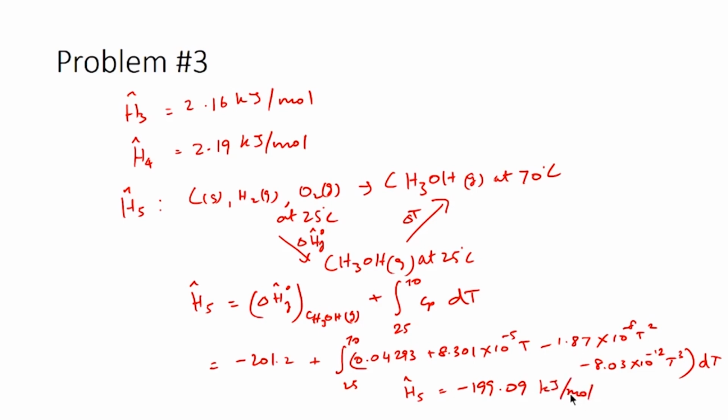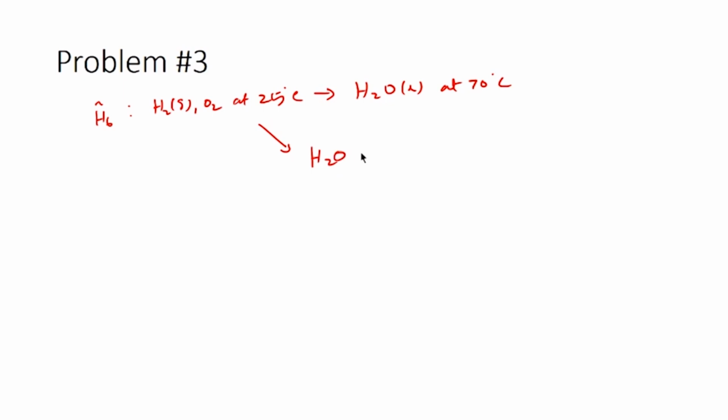So, similarly we have to calculate the value for H6 cap as well. So, for H6 cap you have hydrogen gas and oxygen gas at 25 degree Celsius forming water liquid at 70 degree Celsius. So, the first step is formation of water liquid at 25 degree Celsius, and from here it is heated.